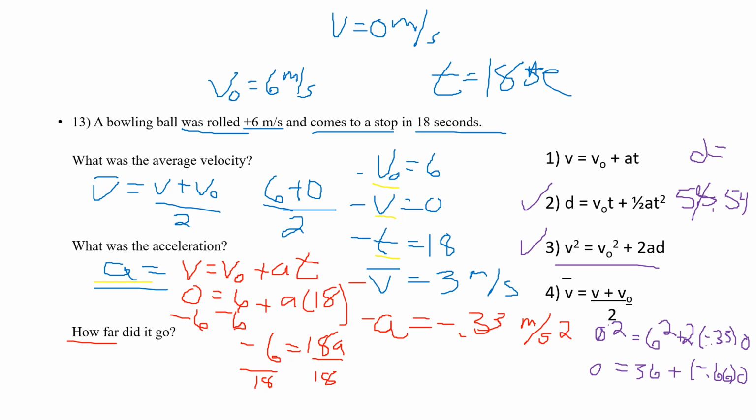Minus 36 from both sides, and then divide by negative 0.66, and I get the exact same answer. It doesn't matter which way you do it, you will get the same answer.